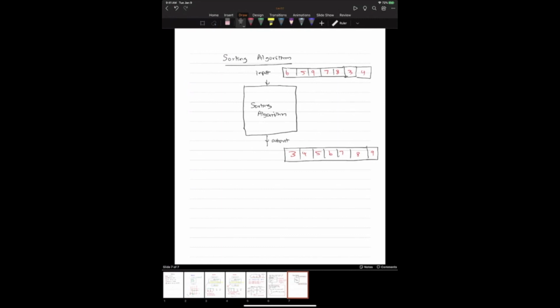We are assuming ascending. So this algorithm took a series of numbers and sorted them. The algorithm input was a series of 7 numbers, and it sorted them and gave an output.